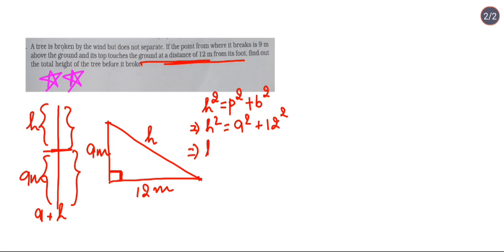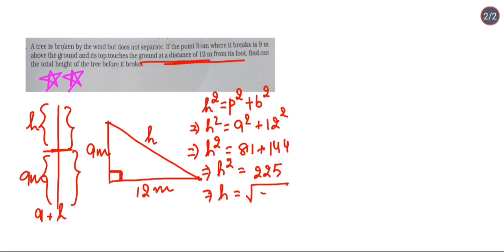So h square will be equal to 81 plus 144. Here h square is equal to 225. When we shift the square on the right hand side, it is equal to square root of 225, which is equal to 15 meter.